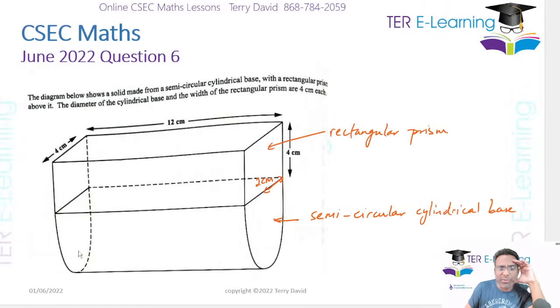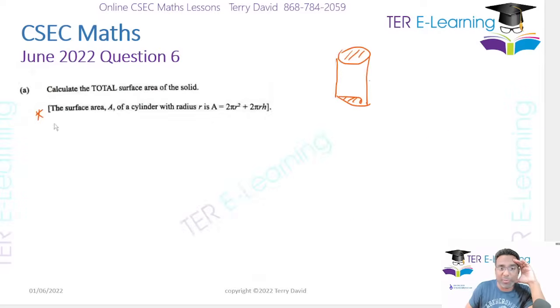All we're going to do for the base part is use the formula to work out, and we're going to cut this thing in half. The cylinder is given by this formula: A is 2 pi r squared plus 2 pi r h.